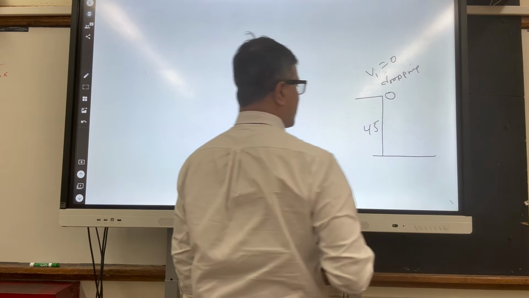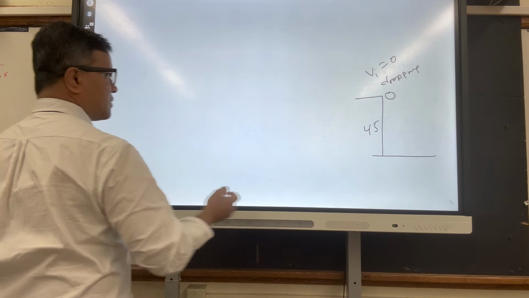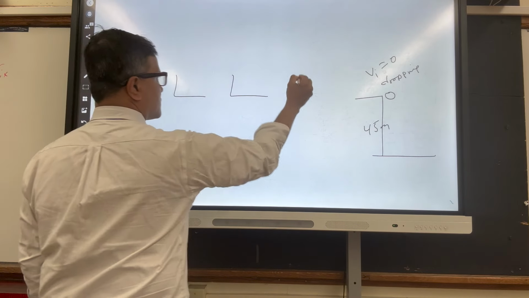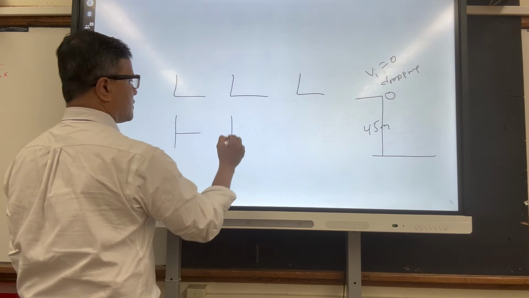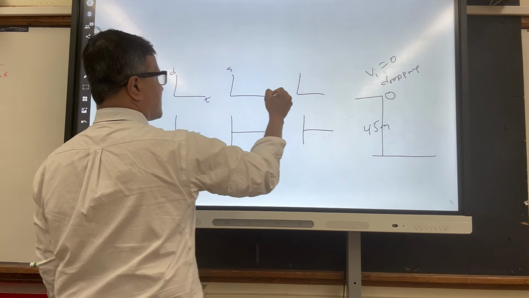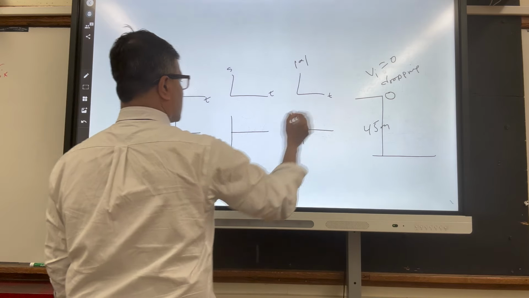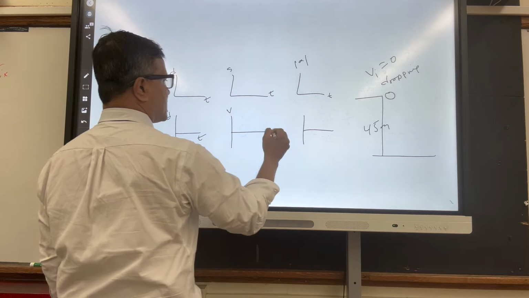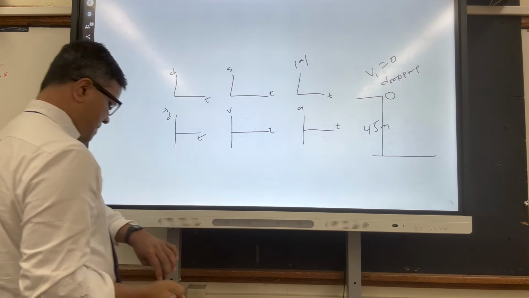You drop it from 45 meters above the ground. 6 graphs. 1, 2, 3, 4, 5, 6: dt, st, at, displacement versus time, vt, acceleration versus time.